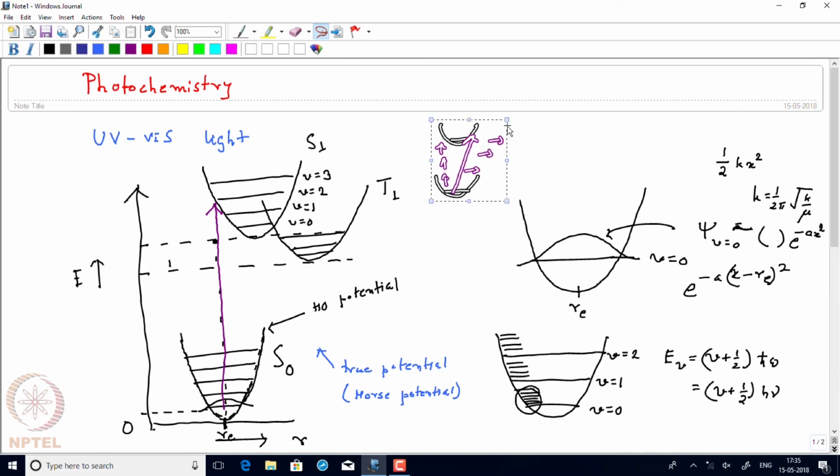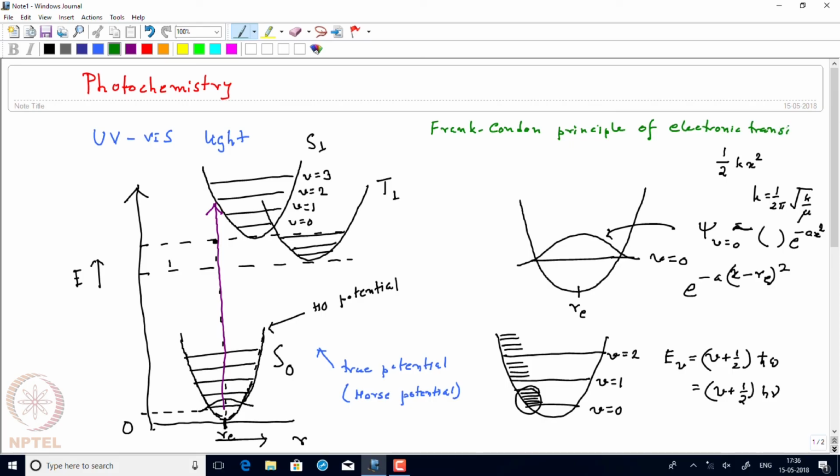So what we see here is electronic transitions are extremely fast, and we also say that this is a vertical transition. So this has a name. This principle is known as the Franck-Condon principle of electronic transition.